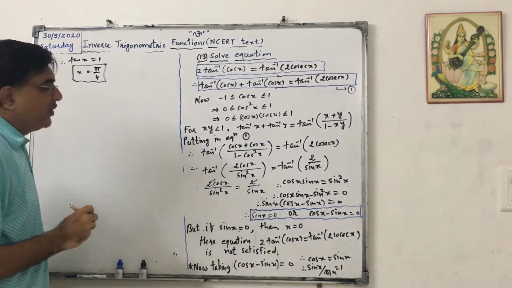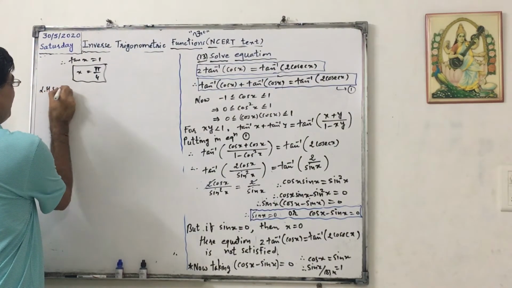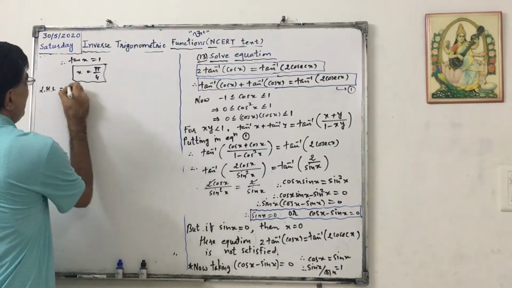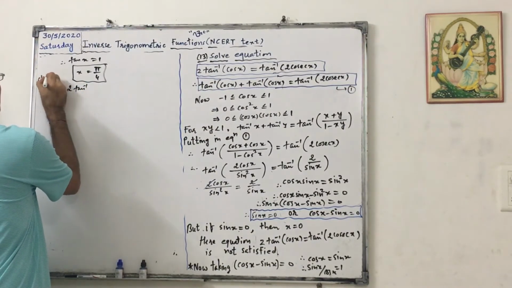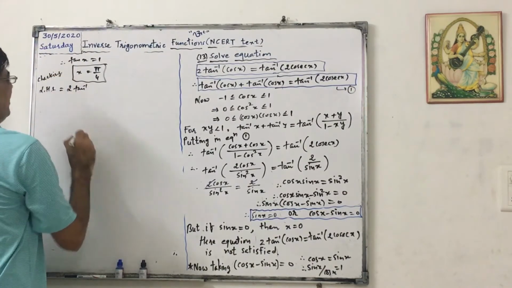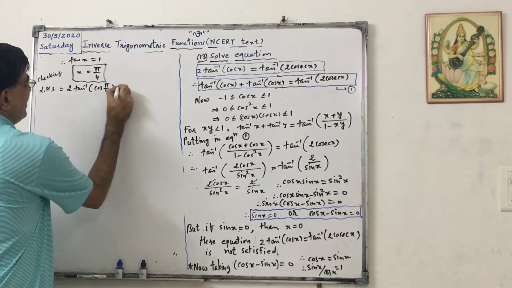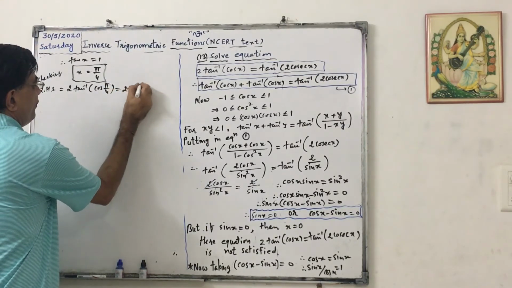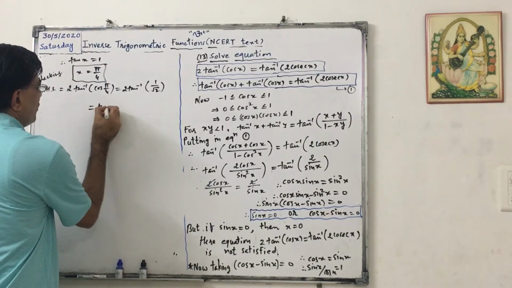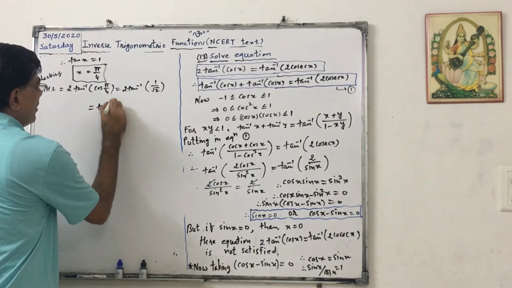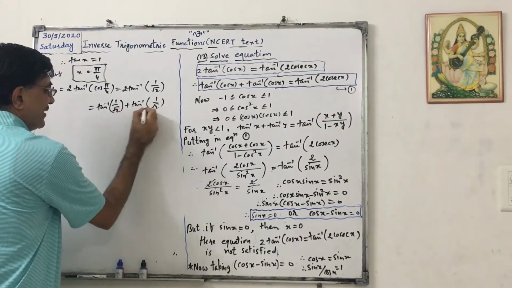Okay. Now left hand side of original equation. Okay. That is 2 tan inverse of, we have to check it. Okay. Checking. So 2 tan inverse of cos pi by 4, that is 2 tan inverse of 1 by root 2, that is equal to tan inverse of 1 by root 2 plus tan inverse of 1 by root 2. We know that this product is 1 by 2, that is less than 1.